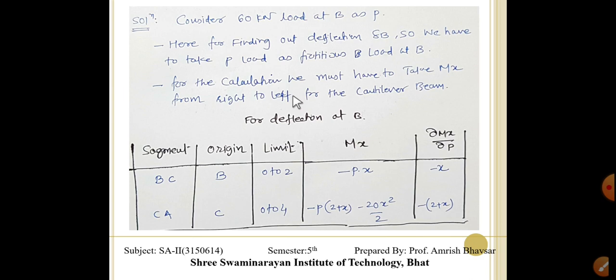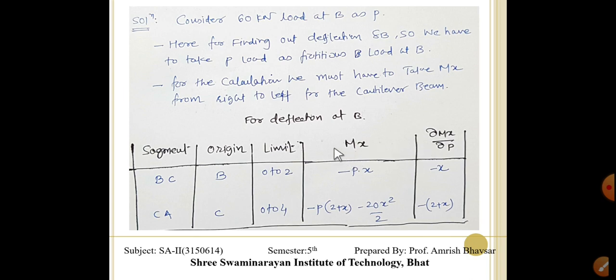Now for putting the values in that equation, we must take segments of the cantilever beam. The segments are B to C and C to A, with origin at B, and the limits are 0 to 2 and 0 to 4.